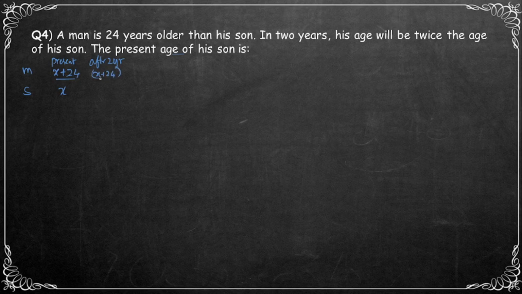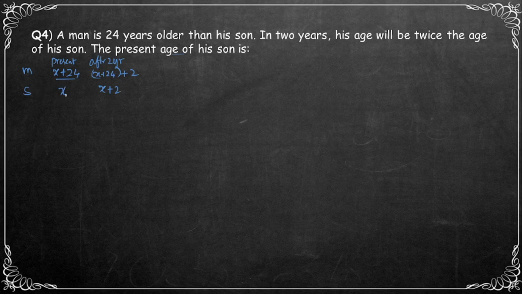We need to add plus 2 to this to get after 2 years age. So let's say if my present age is 20, after 2 years it will be 22. Similar logic, before 3 years it will be x minus 3.